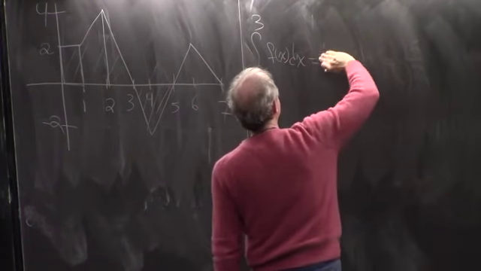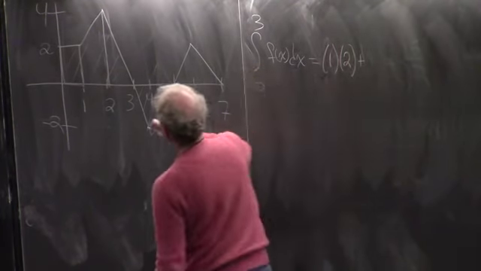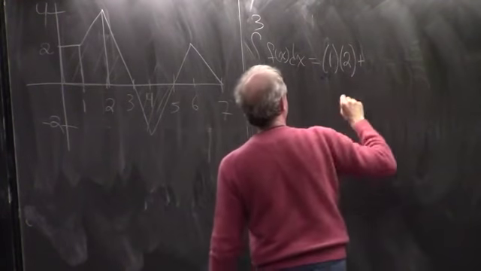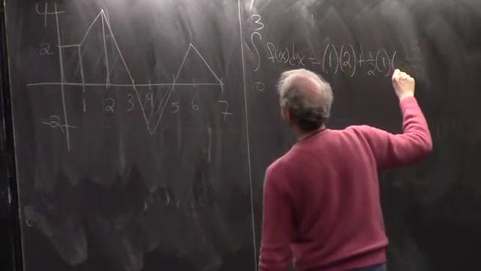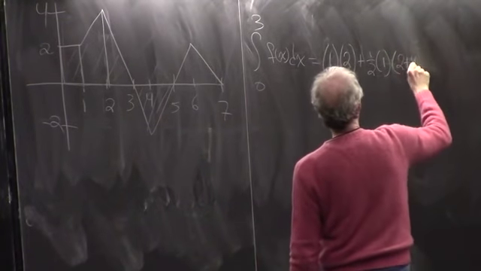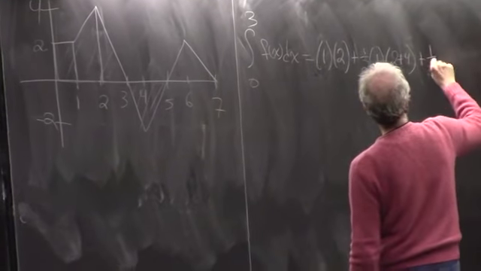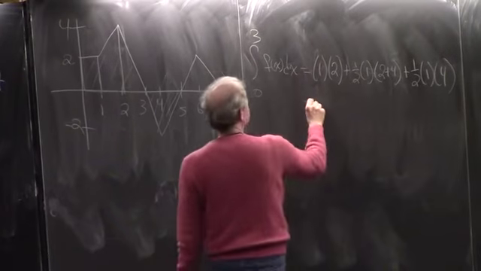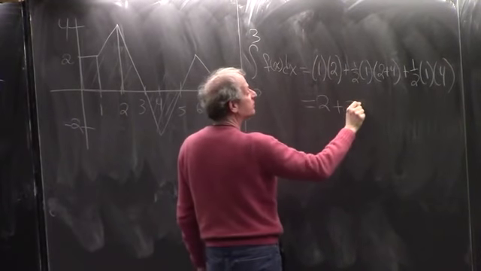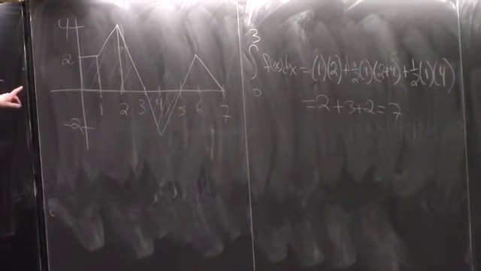I lied, that's just 1 times 2, that's a rectangle. 1/2 height of 1, and the bases are 2 plus 4. And then a triangle 1/2 of 1 times 4. Okay, and that's 2 plus 3 plus 2 equals 7. So the integral from 0 to 3 is going to come out 7.